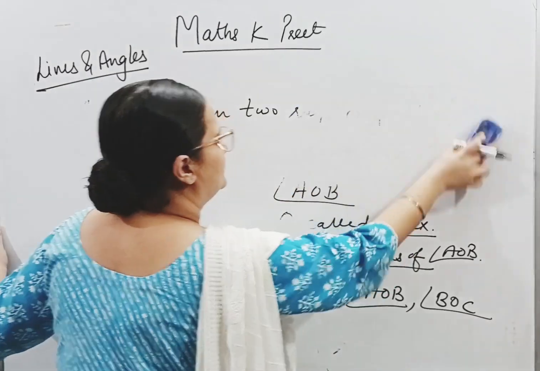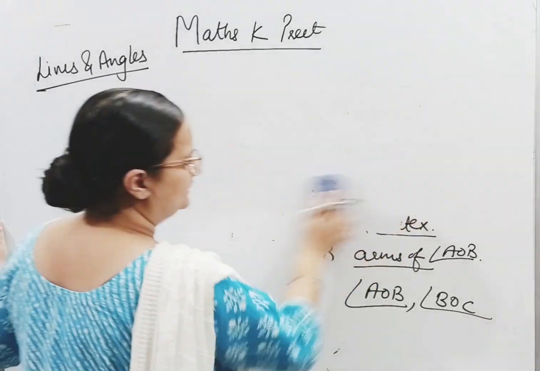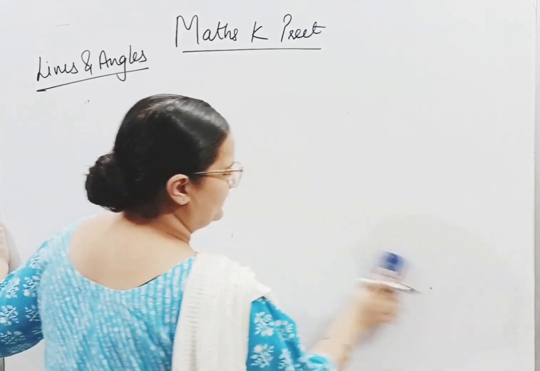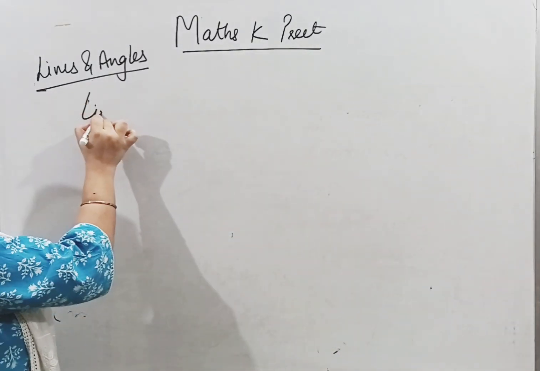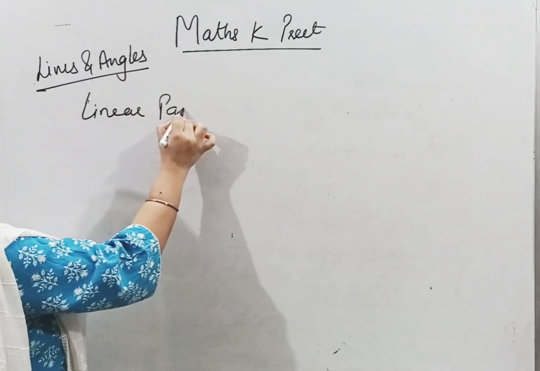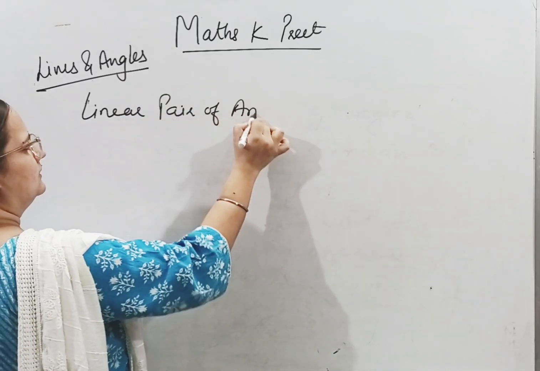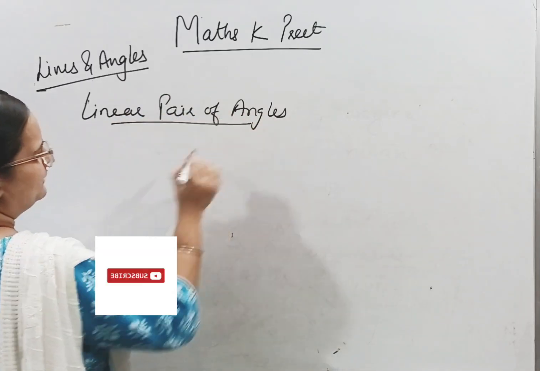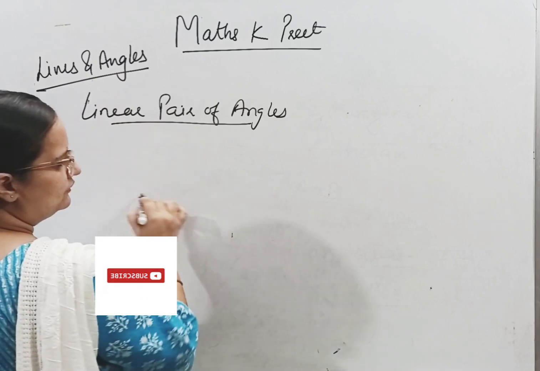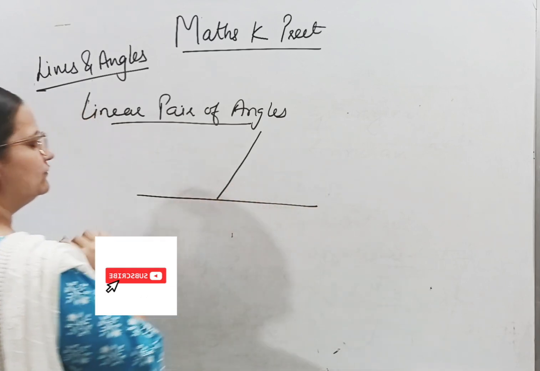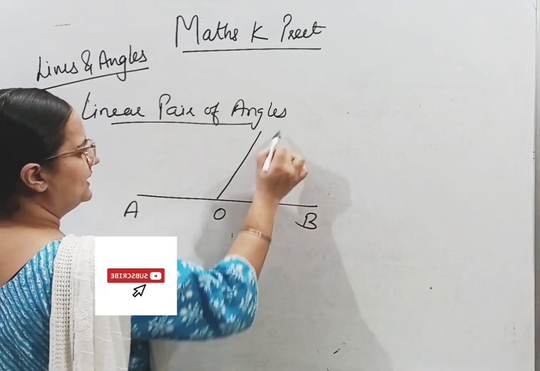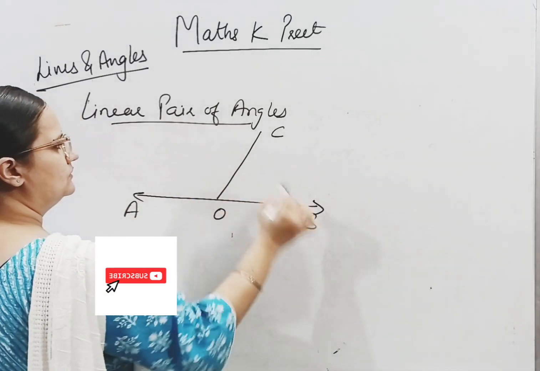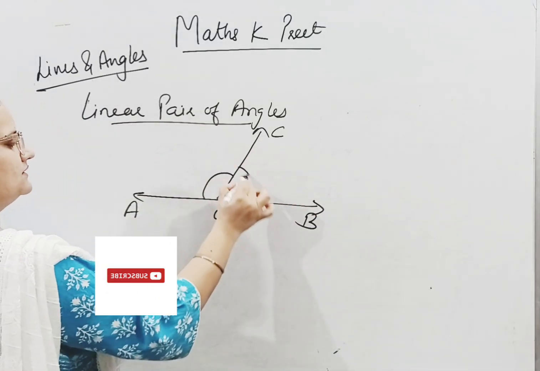Now let's see, the next concept is the linear pair of angles. When we have two adjacent angles and these two non-common arms form a straight line. So here let A, O, B and C. So here these two angles are what?